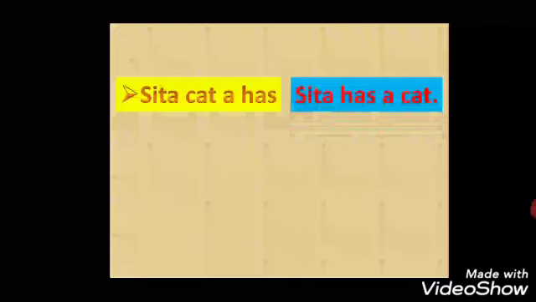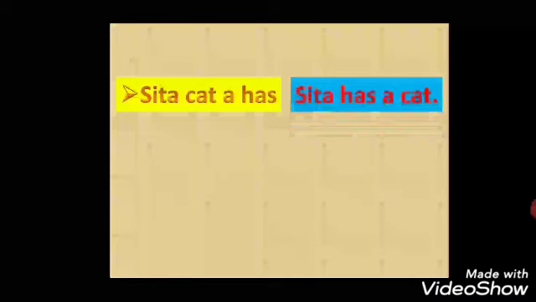Sita has a cat. Can you understand anything, children, now? Yes. Now we can understand that Sita has a cat. This sentence gives us a proper meaning. It makes sense. That is why it is called a sentence, a correct sentence.